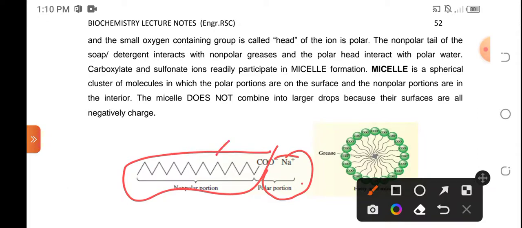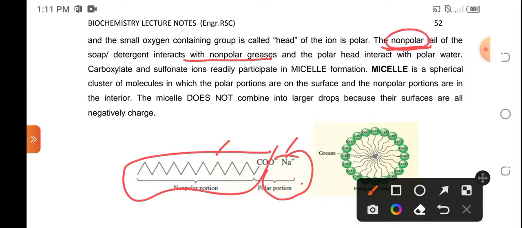Now, because of this dual polarity, polar and nonpolar portions of the carboxylic acid salt or fatty acid salt, the nonpolar tail of the soap could actually interact with the nonpolar greases. Kasi nga, in order for them to attract each other, there should be the same polarity.